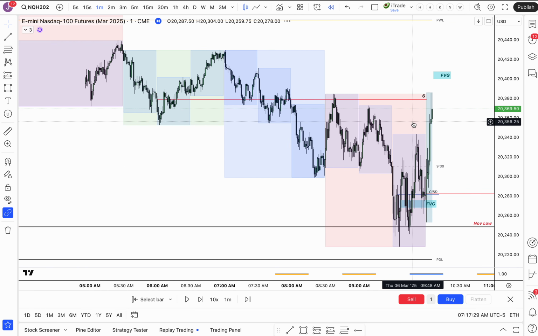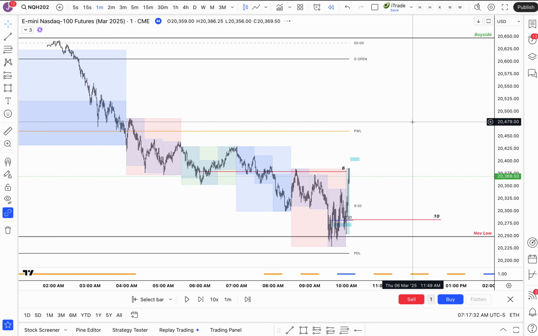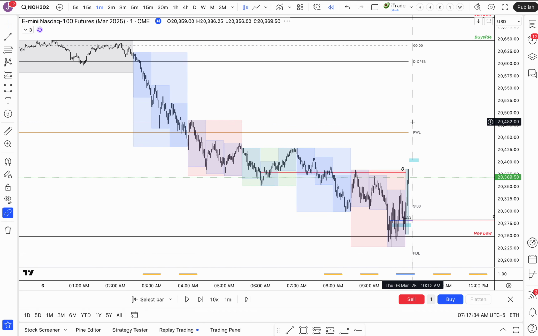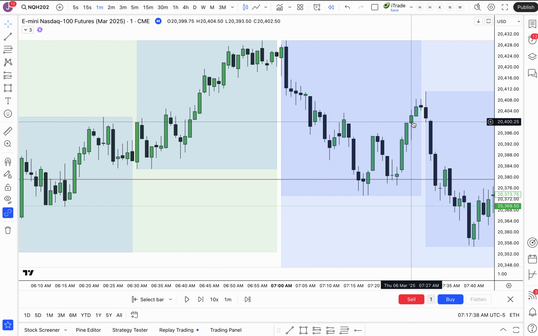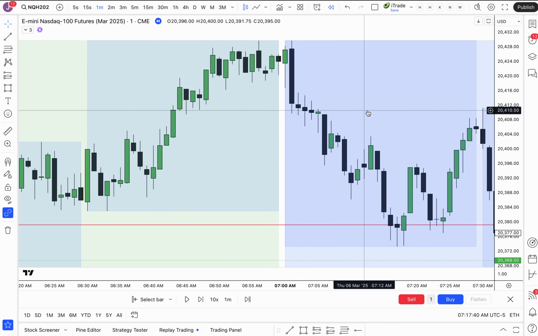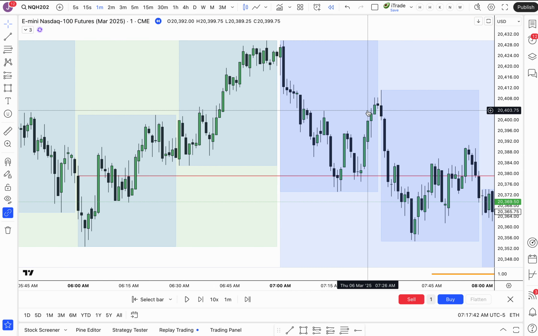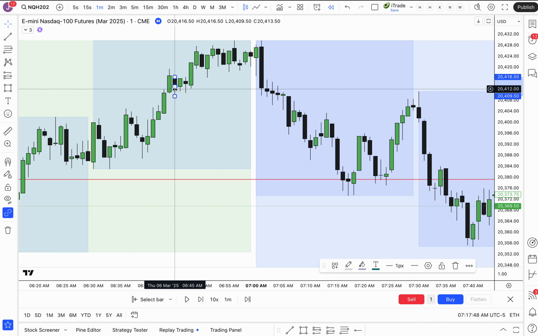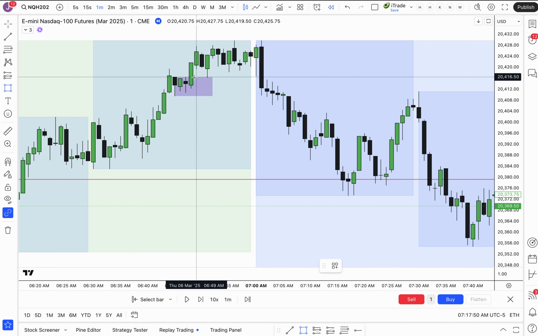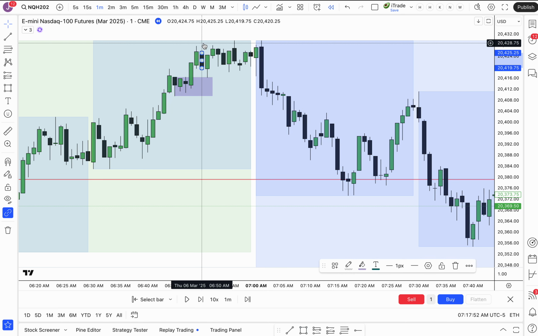Let's see if I can find another example. Let's just go to 6 a.m., 7 a.m. So here we can look at the bearish candles. Okay, we don't close below.